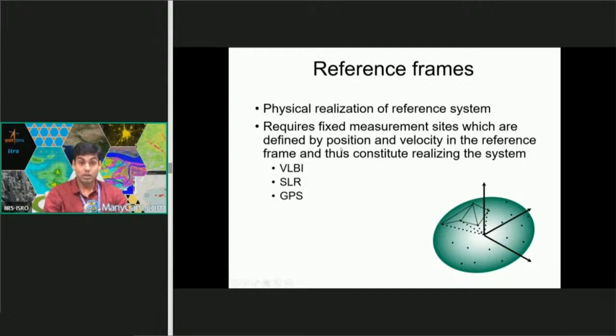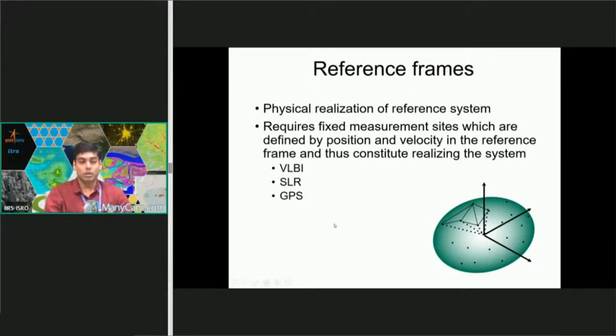It uses the position and velocity in the reference frame, and VLBI, SLR, and GPS and other constellations are used to make the datum. So it is nothing but a datum like WGS84.